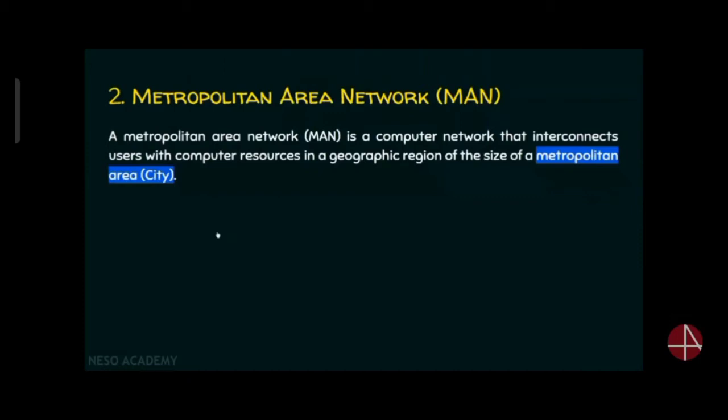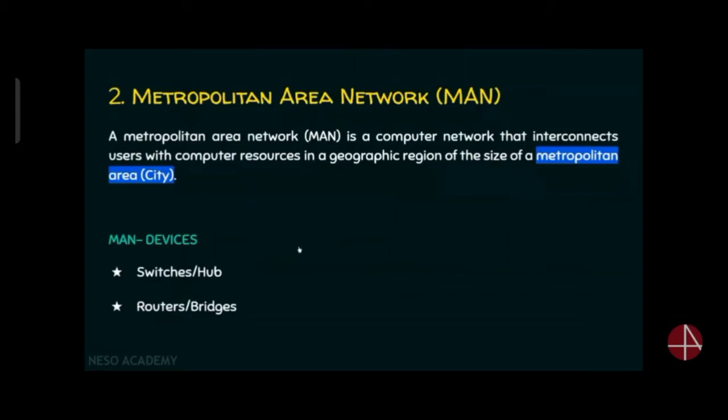These two local area networks are connected to each other in a city. The devices involved in this metropolitan area network are switches, hub for establishing a local area network, and to connect two local area networks we need routers or bridges. As I already mentioned, there are minimum two local area networks, and these two local area networks are to be connected with each other with the help of a router or a bridge.